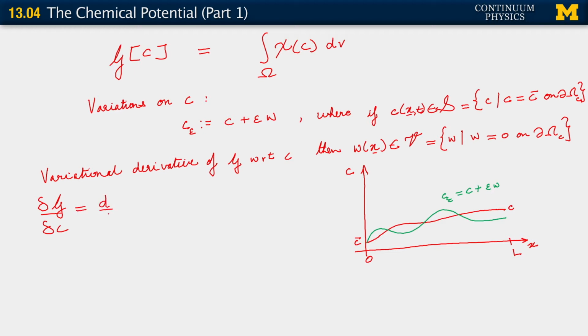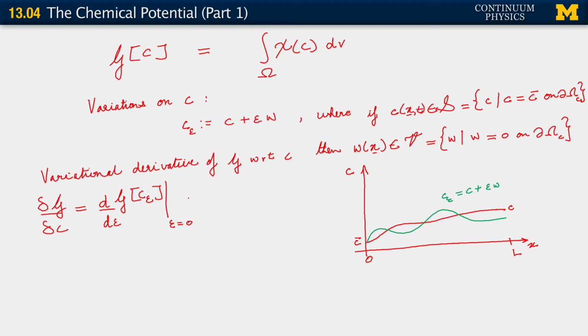Like we did in the case of nonlinear elasticity, we say it's d/d epsilon of G evaluated with the field C sub epsilon. We take this derivative and then we say epsilon equals 0. This is our definition of the variational derivative.